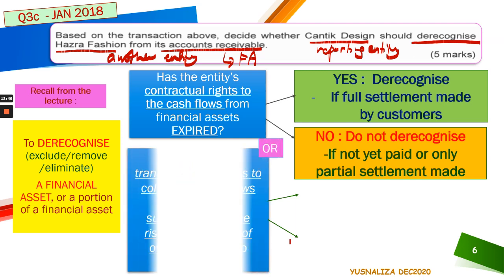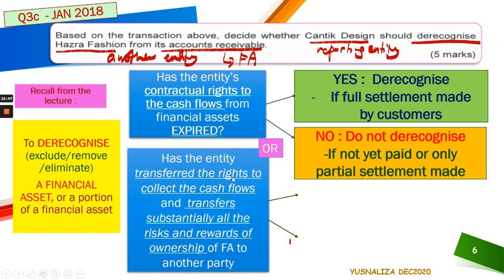Or, if the entity has transferred the right, we refer to Cantik Design. Maybe Cantik Design has transferred the right to collect the cash flow to another third party. They instead ask the debt collector to collect on their behalf, and they transfer all the risks and rewards of ownership of the financial asset, let's say Hazra Design, to that particular debt collector or third party, or to a bank, for example.